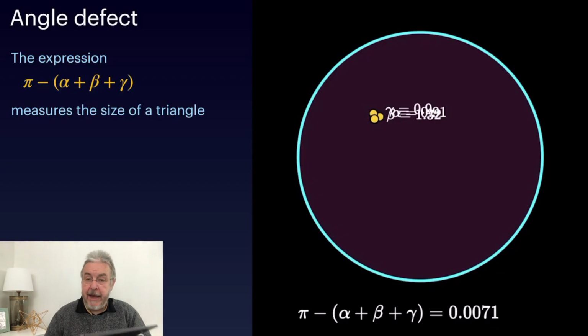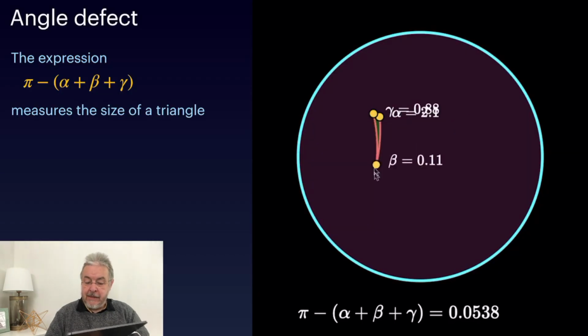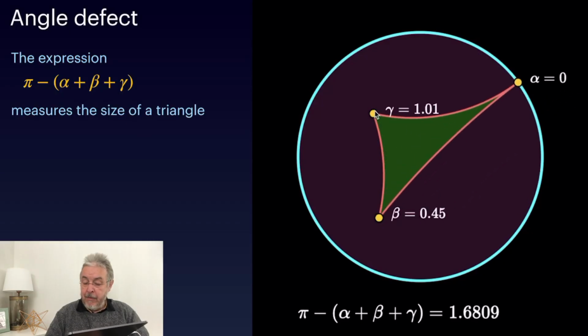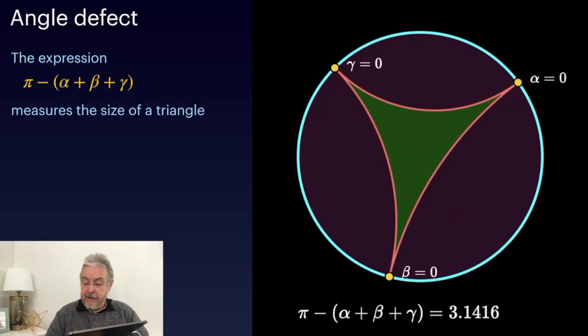In contrast to big triangles. So let's make this triangle here bigger and bigger by moving points to infinity, and now let's move all points to infinity. Then we know all angles are 0, and the angle defect is as big as pi itself, and in between there are all other triangles.